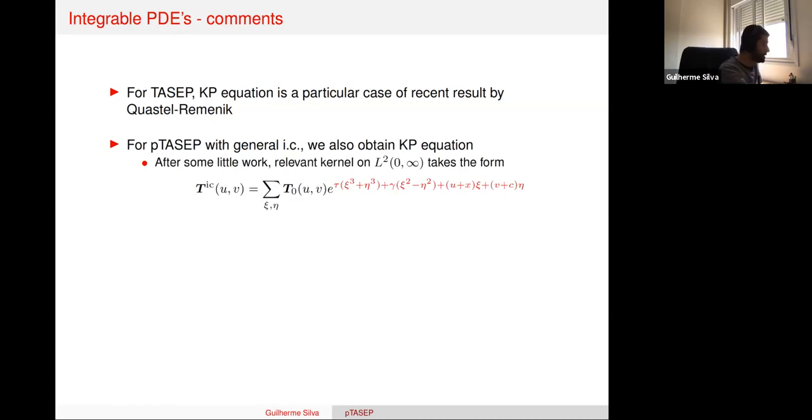And just to get some little idea on how it comes, again, it has to do with this cubic polynomial that appeared all the time for us. And we do some work. So the distribution for the periodic TASEP of general initial condition was posted perhaps in December, or very recently, by Jiaoyang Liu and Jinho Baik.